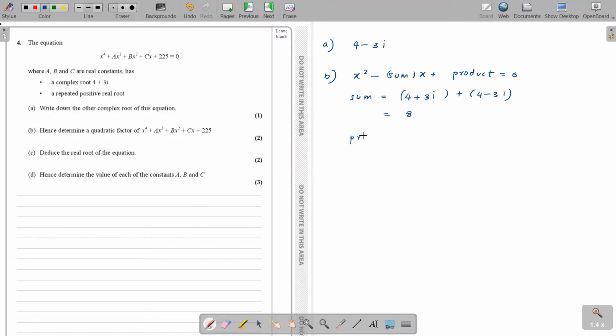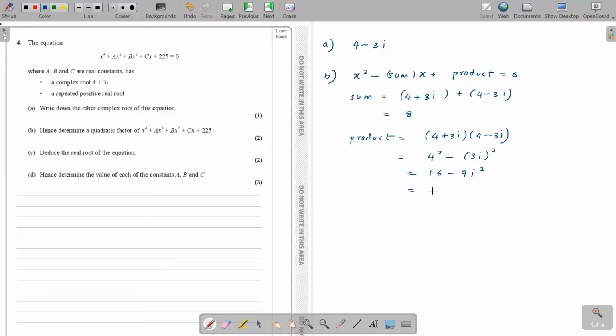What's the product of the two roots? 4 plus 3i multiplied with 4 minus 3i. Shall I directly use difference of two squares? A plus b into a minus b is a square minus b square. So 4 square minus 3i square. So 16 minus 9i square. I square is minus 1.